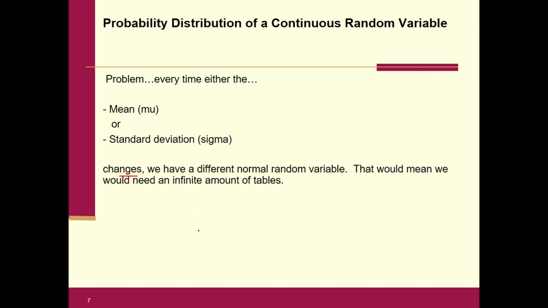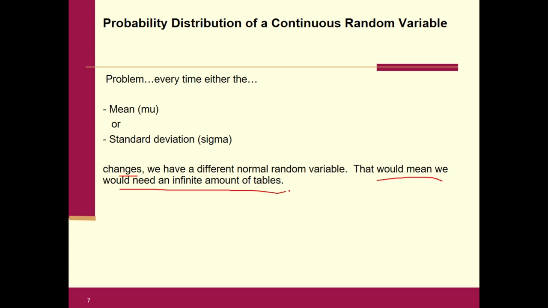So we have a problem here. The problem is that would mean we would need an infinite amount of tables, because there's an infinite amount of normal distributions. Every time mu changes or sigma changes, we get a different normal random variable, okay? So are we going to create a whole bunch of tables to figure this out?